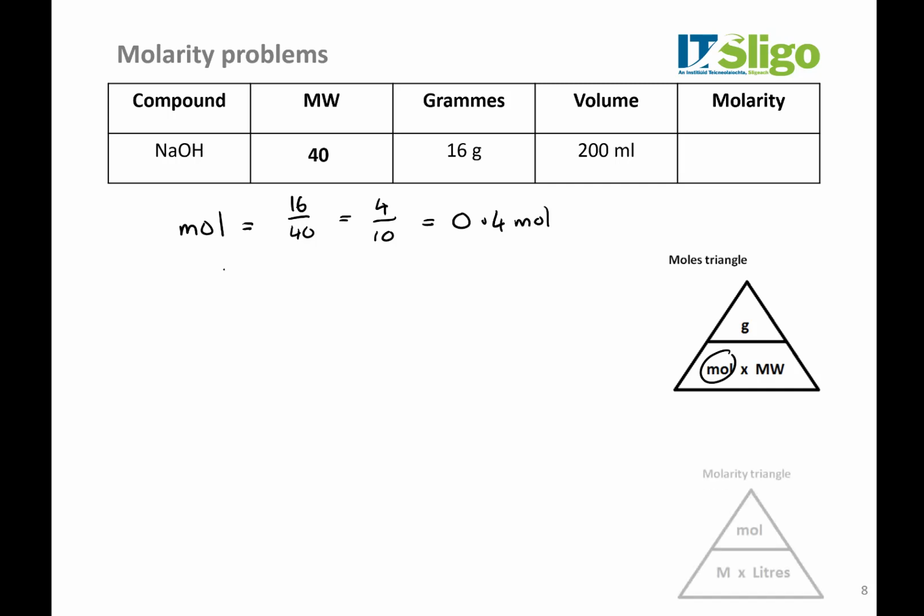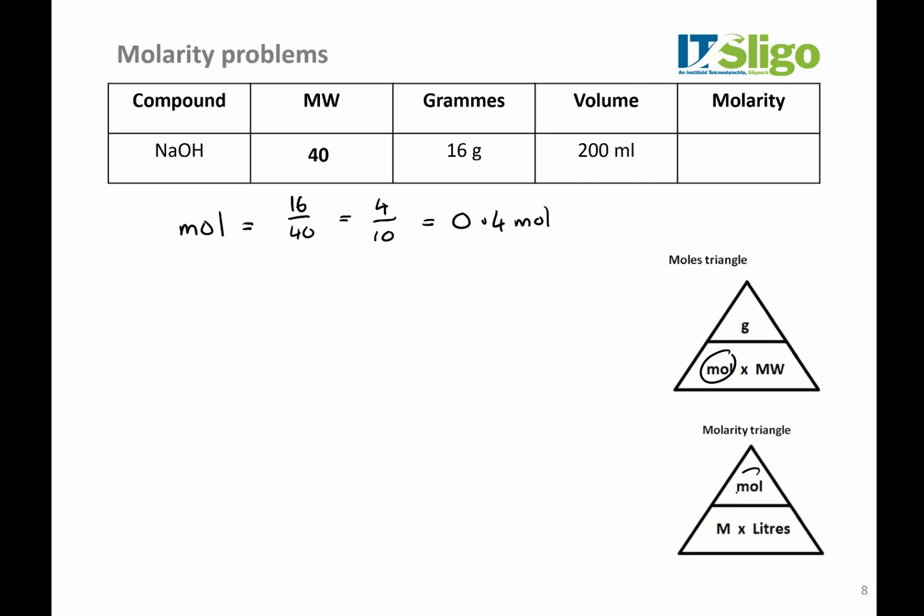Now, guys, we have the moles and we know the volume, so then we can calculate the molarity. Molarity is moles over litres. So just from the line above, the moles is 0.4.